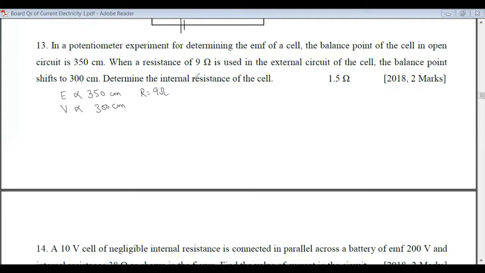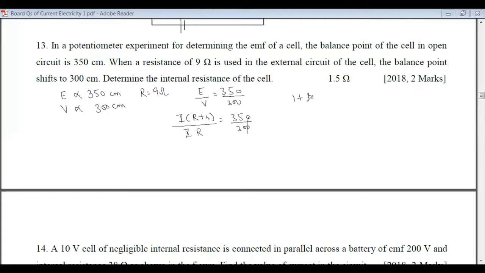This is the same experiment to find out the internal resistance of the cell. Either you can use directly the formula, or let us derive it once again. So E upon V is equal to 350 upon 300. E here is equal to I into external resistance plus the internal resistance of the cell, whereas V is equal to I into R. 350 upon 300. I and I you can cancel out.